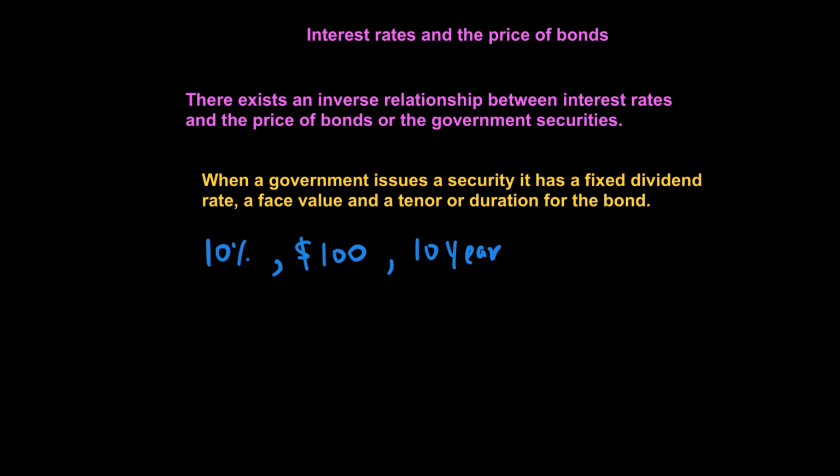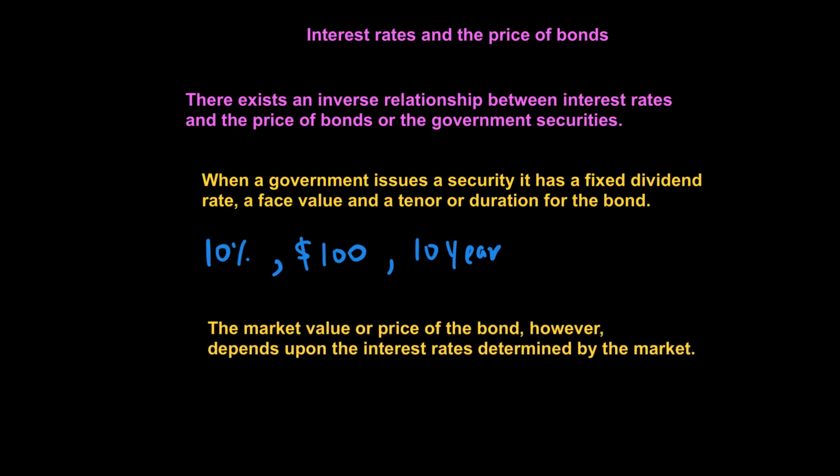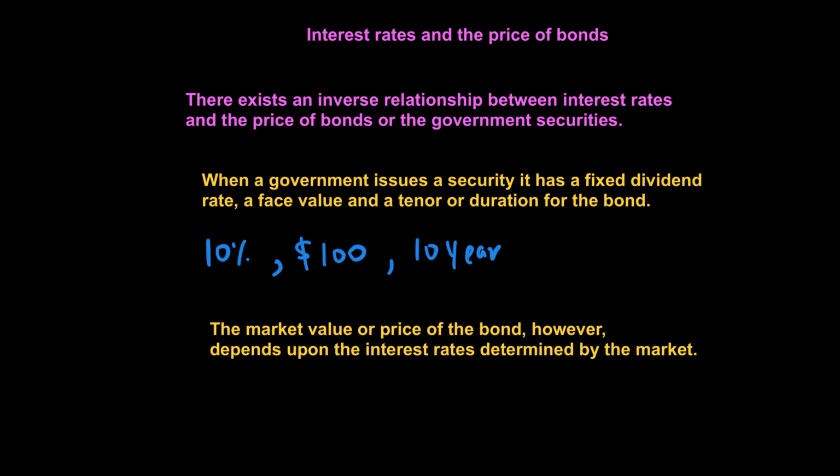So it's just like any other debt, but the difference between a normal debt and this debt is that there's a secondary market where you can at any point in time sell your bond. Let's say I've bought a bond, and in the third year I say, you know what, I want to sell this bond today. Then there will be a market price of the bond, which actually has a strong relationship with the interest rate.